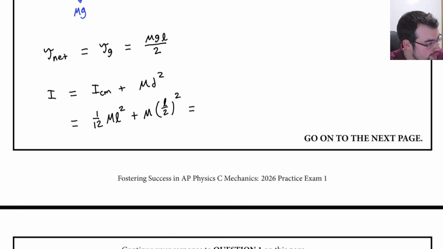And we can do some fraction arithmetic here, where this is 1/12 and this is 1/4. And 1/4 is the same thing as 3/12. So we end up with 3/12 plus 1/12, which is 4/12, which is 1/3.